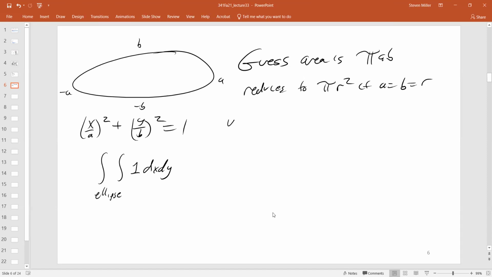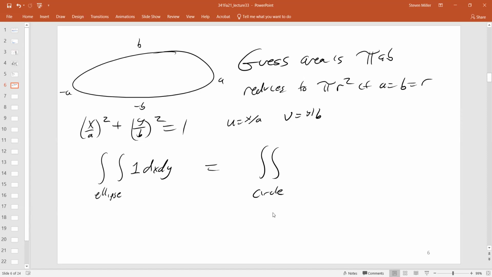Let's let u equal x over a, v equals y over b. And so now we have an integral over a circle. What does the function 1 look like when we change it from xy to uv? Function 1 is still 1.